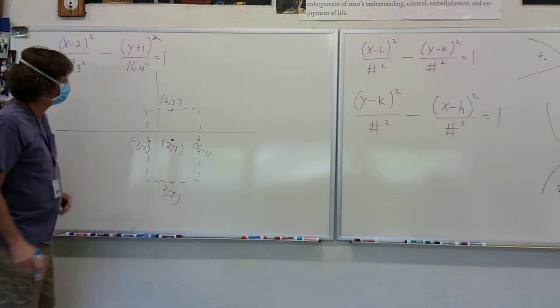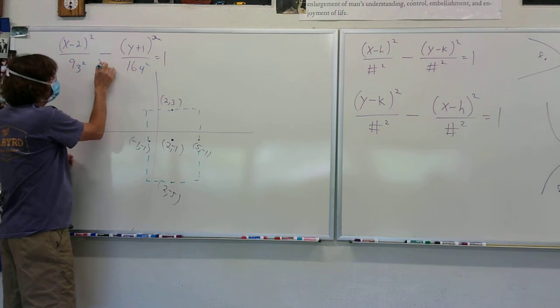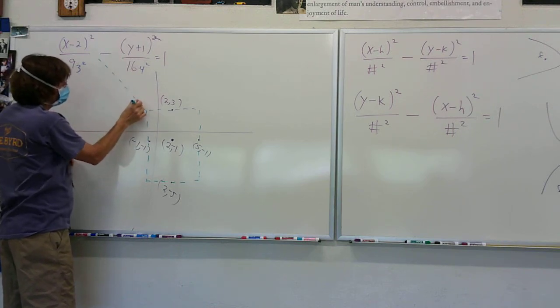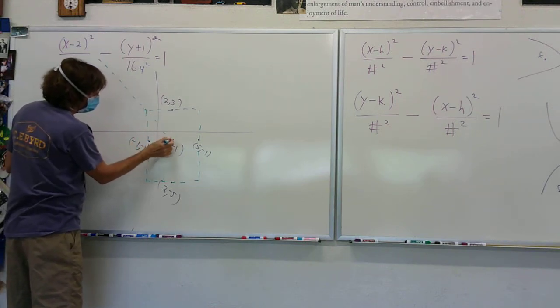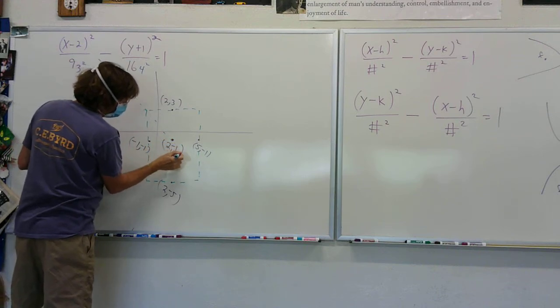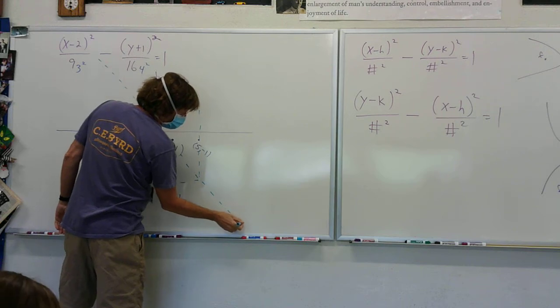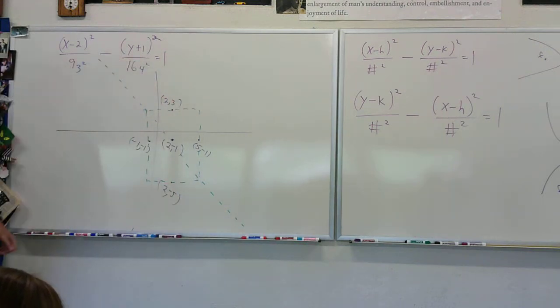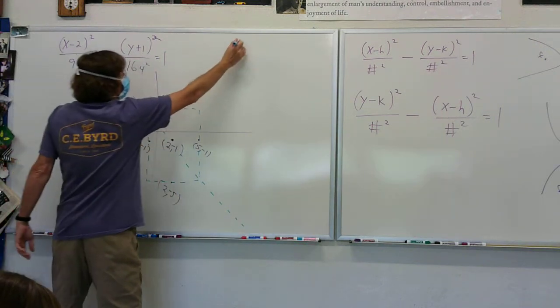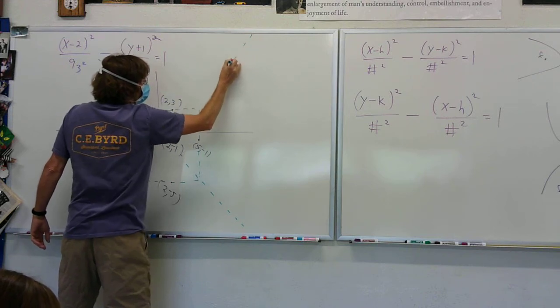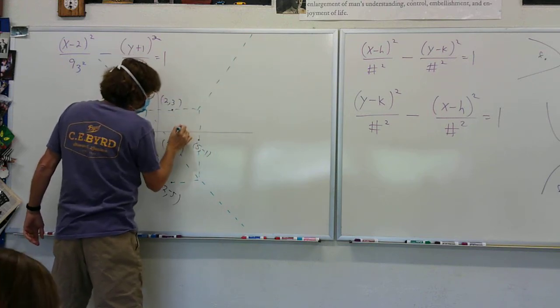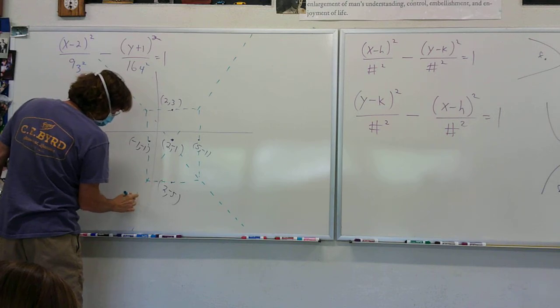All right? So, you're going to come down, going through a corner, through the center. And if you had graph paper and you're doing it absolutely perfect, it would go right out the other corner. There's one of them there, and there's one of them here. Right through the center.